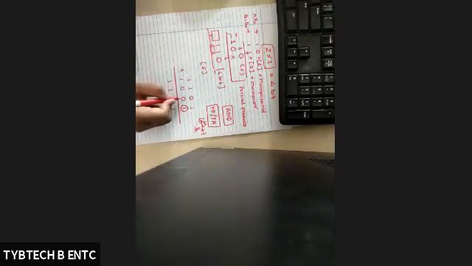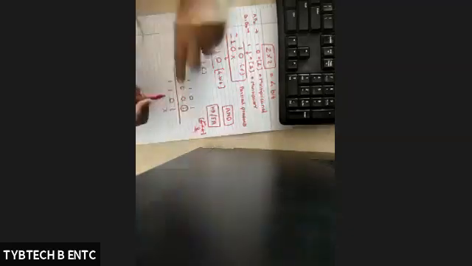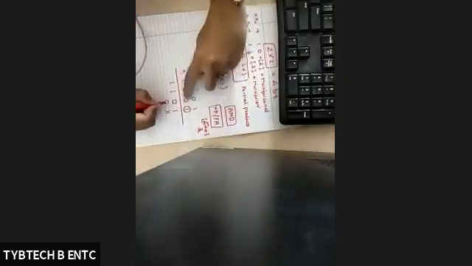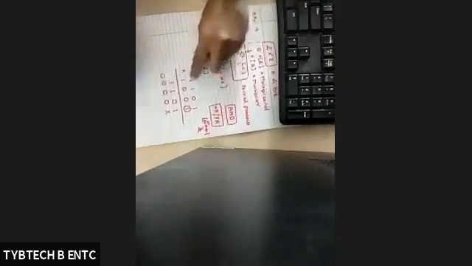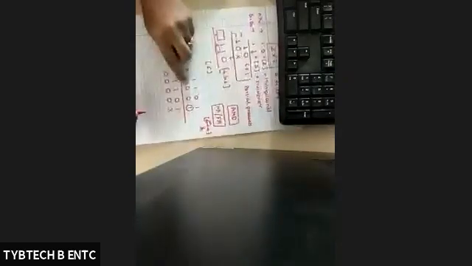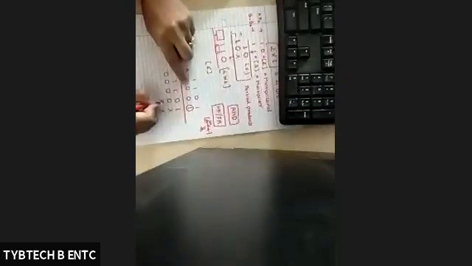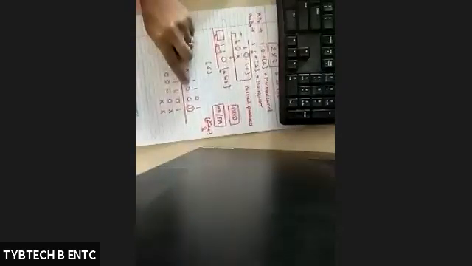Now whenever we are considering the next multiplier, keep this position blank. Now consider this 0. 0 into 1, 0. 0 into 0, 0. 0 into 1, 0. 0 into 1, 0. Now for the third multiplier, again keep these two positions empty.